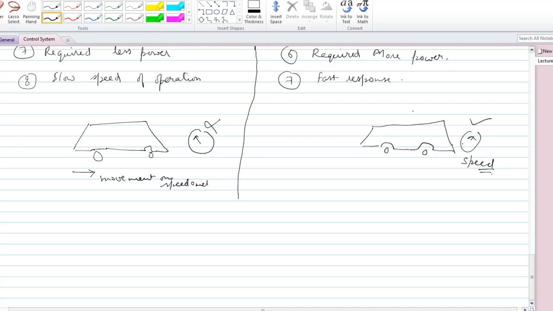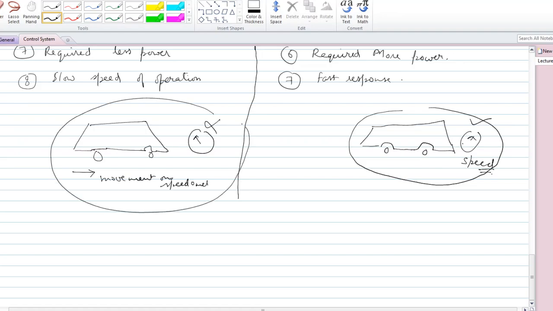This type of system is actually a feedback control system, or you can say a closed loop control system, and this is your open loop control system.